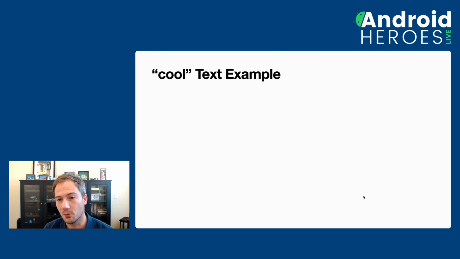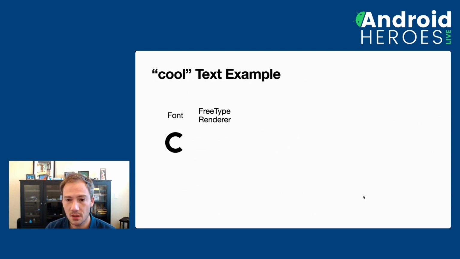So we're going to take an example. Let's say we want to draw the word cool on screen. So inside the font, we're going to go fetch the letter C. We're going to make it go through a special renderer. So we use FreeType.